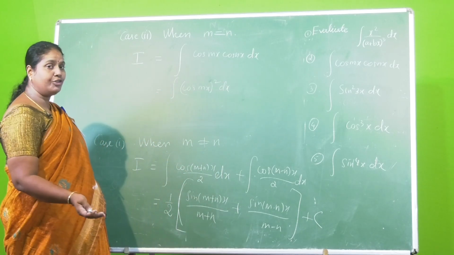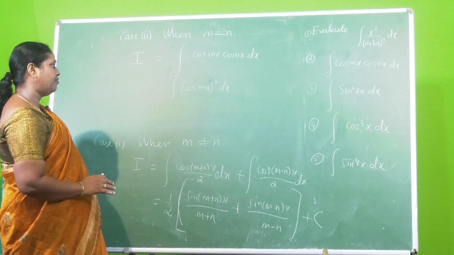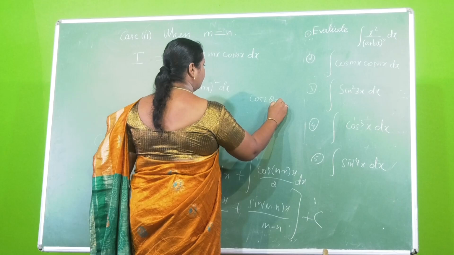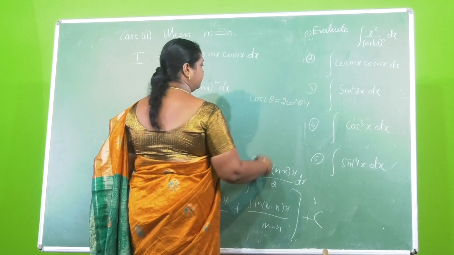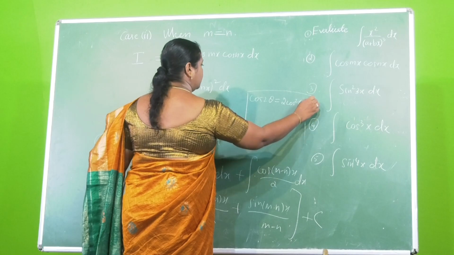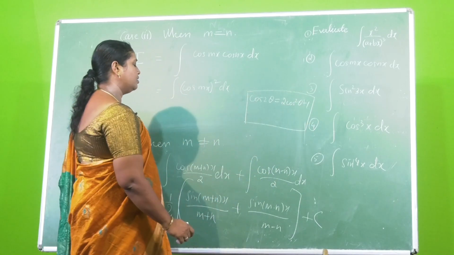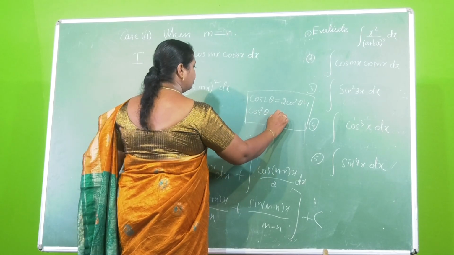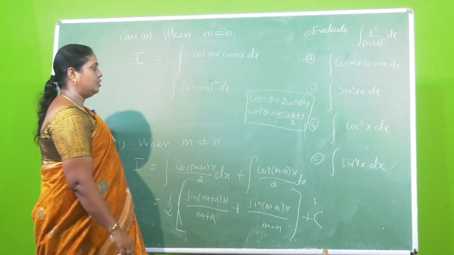For this you have to use a separate trigonometric formula. That is cos 2 theta equals 2 cos square theta minus 1. From this we have to find cos square theta. So cos square theta is equal to (cos 2 theta plus 1) by 2. So this is the formula.